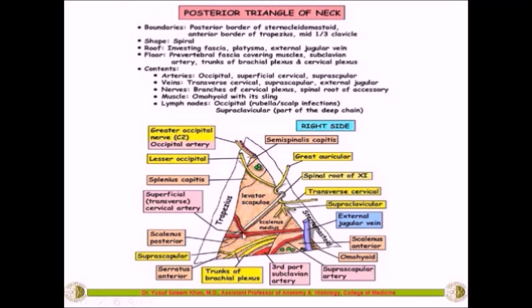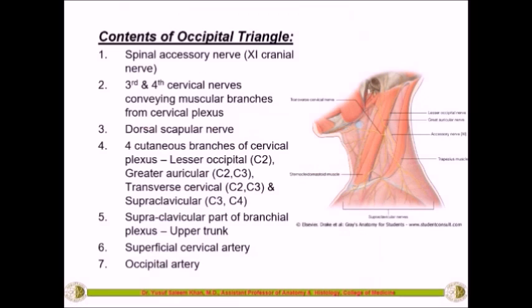Here we can see the superficial cervical artery, also called the transverse cervical artery, and here you can see part of the brachial plexus. So all these are the contents of the occipital triangle. The most important are the spinal accessory nerve and the occipital artery.